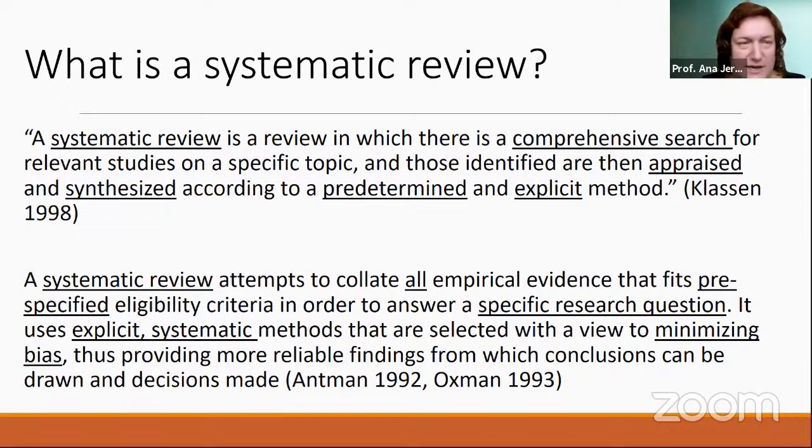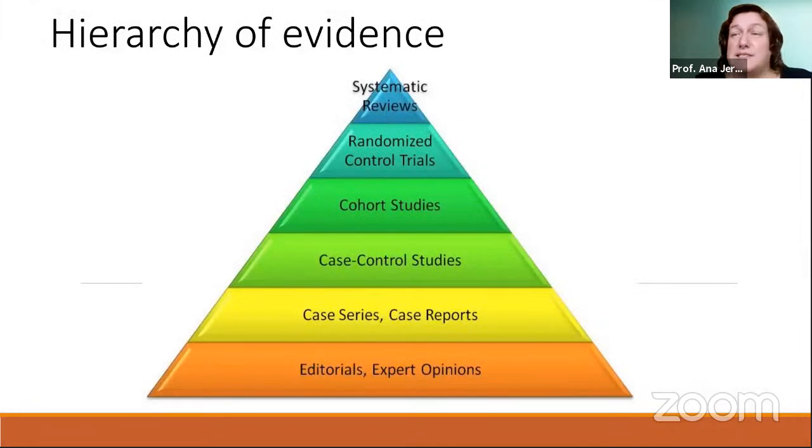So it's no wonder that when we look at the hierarchy of evidence, systematic reviews, if hopefully done correctly, are at the top of this pyramid, and individual studies are below. If we are interested in studies investigating different interventions, then randomized controlled trials are the next best thing.